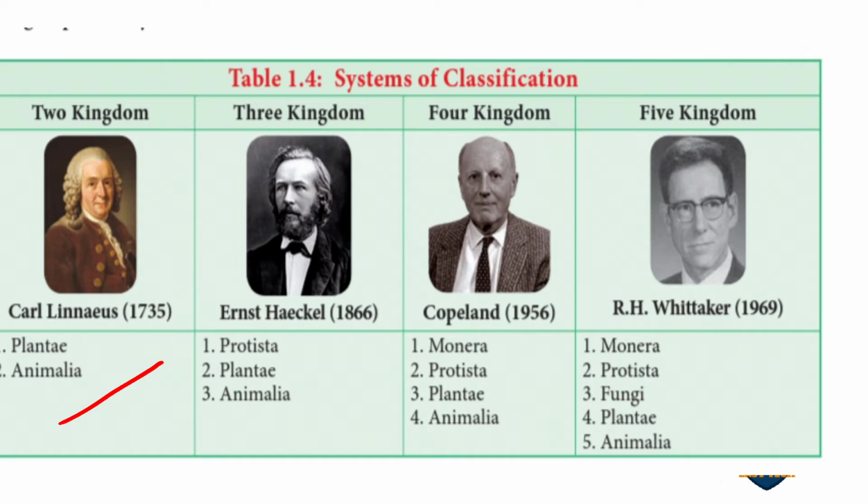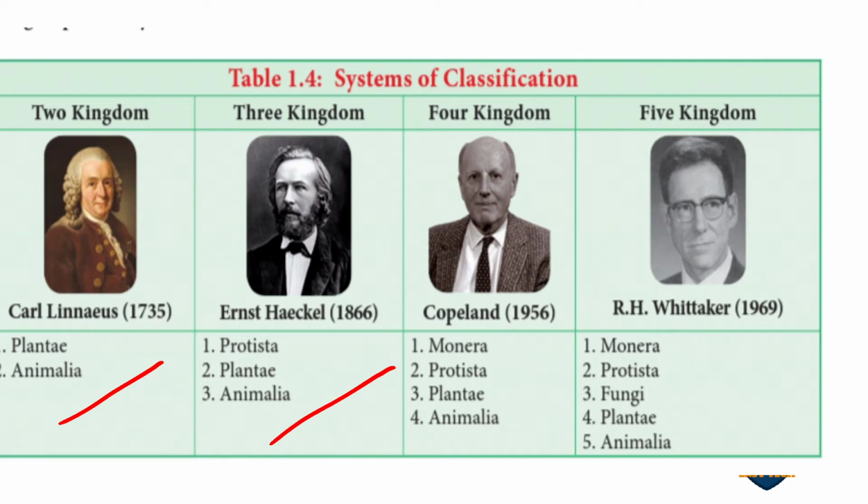Next, Ernst Haeckel in 1863 divided organisms into three groups: Protista, Plantae, Animalia. Protista means single-celled organisms, maybe animal or plant, but they are single cell.